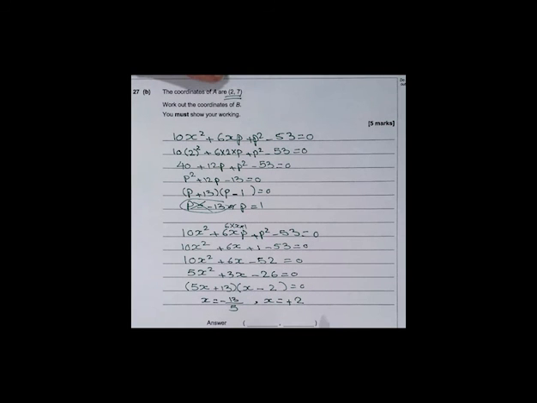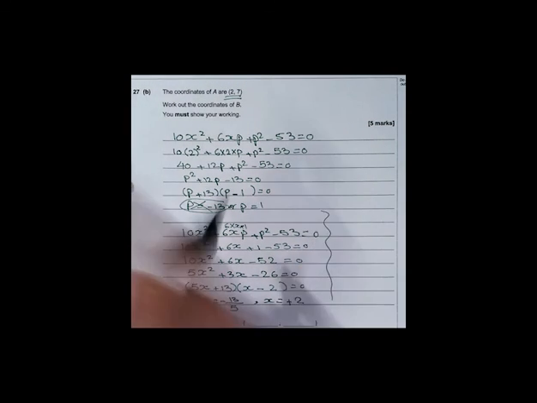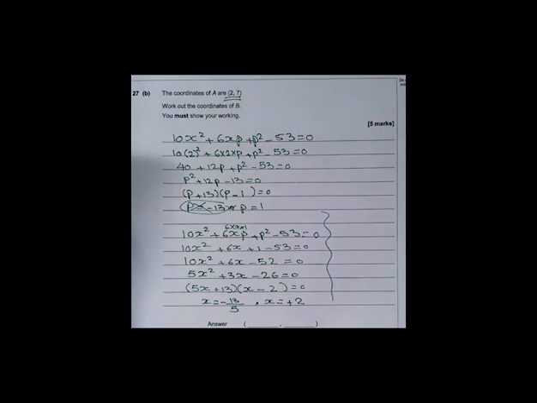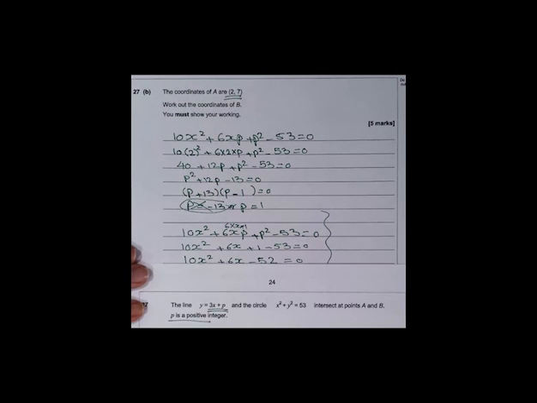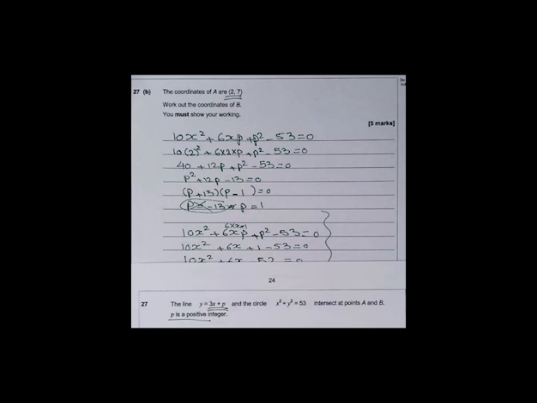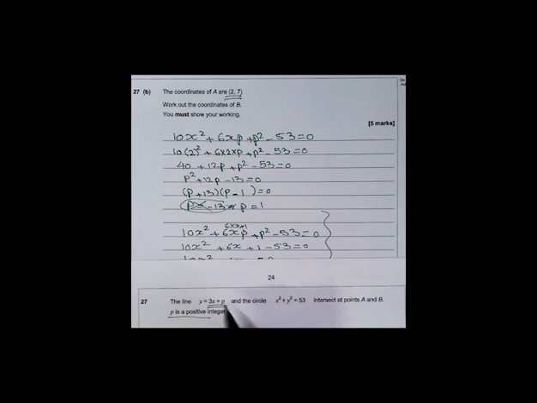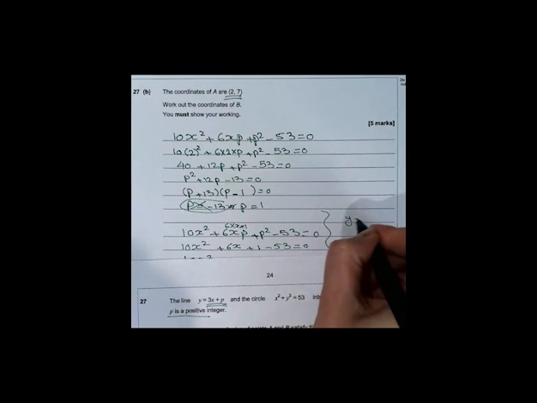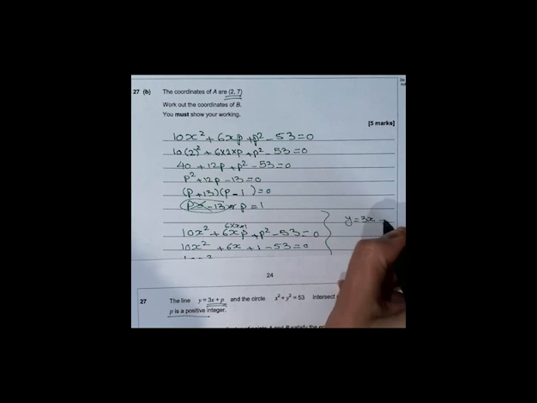Now since coordinate A has x equals 2, I will substitute with x equals negative 13 over 5, or negative 2.6. So going to the first equation, I have y equals 3x plus p, and I know now that p equals 1. So y equals 3x plus 1.